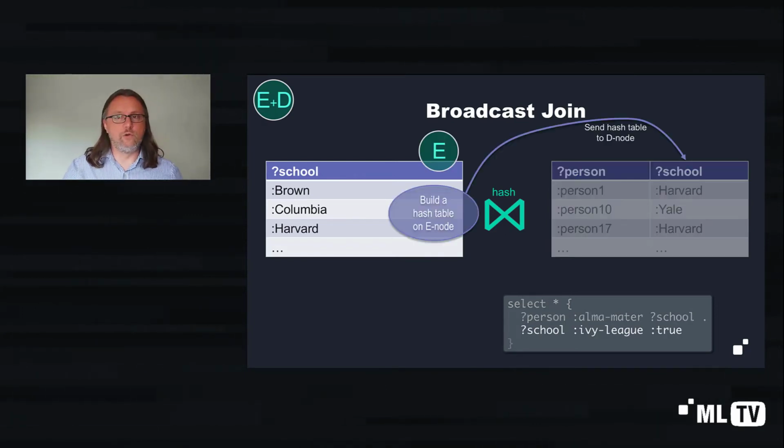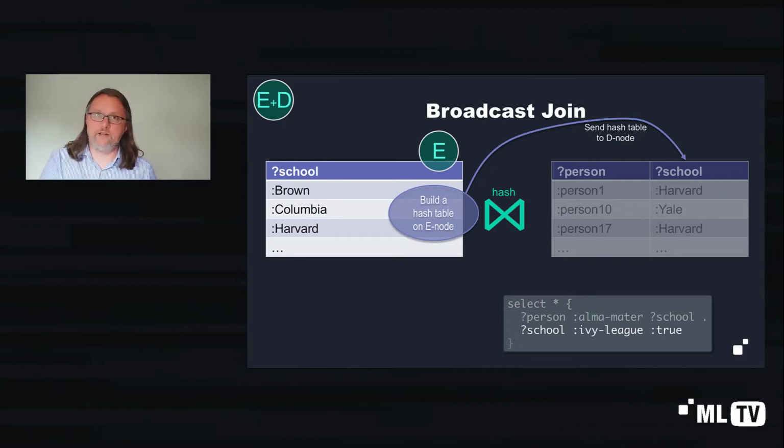So first of all, the left hand side is read and we build a hash table, and we do that on the E node. The E node is where all of the information comes back together and is complete, so that makes sense.